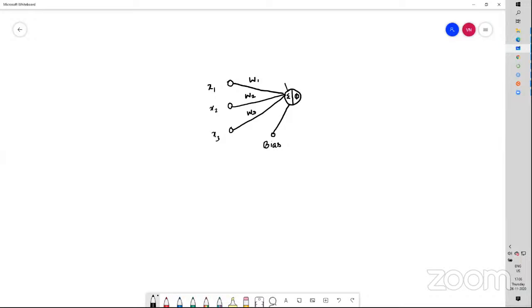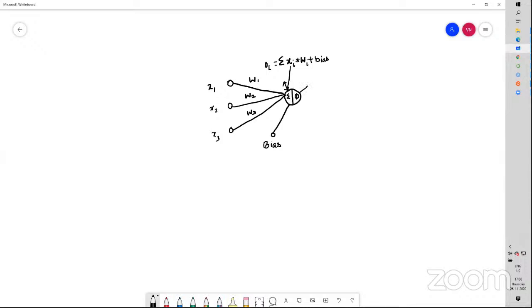On the summation, this is what is going to happen: sigma xi into wi plus bias. That's going to happen at this point. Let's call this OL, the output of the left-hand side of it.